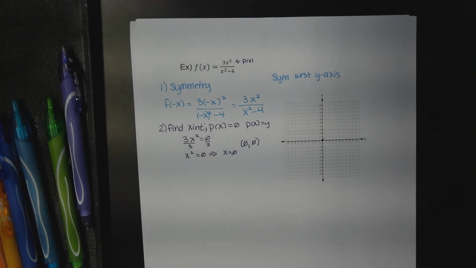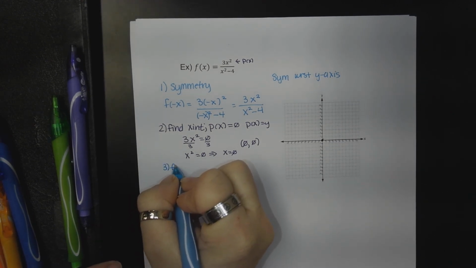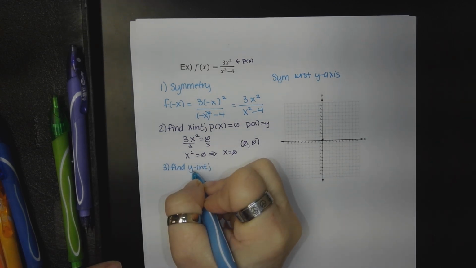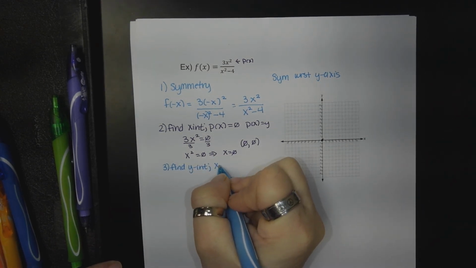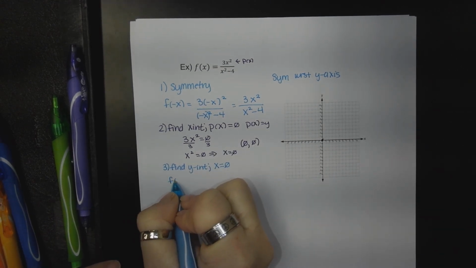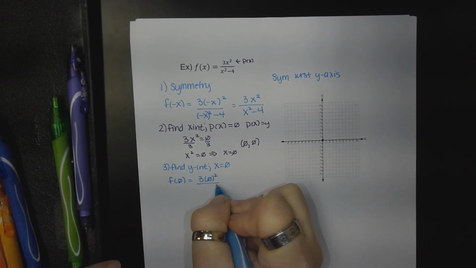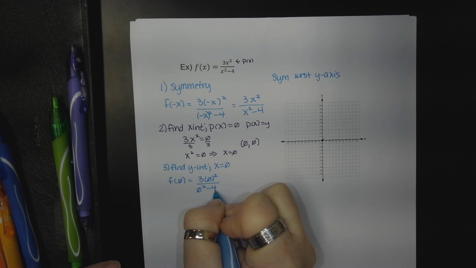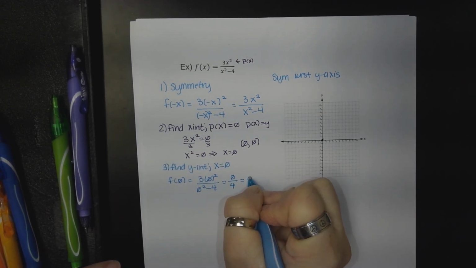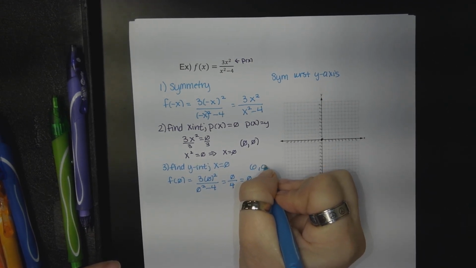Okay, now let's find the y-intercept. For the y-intercept, we always set the opposite variable equal to 0. We're going to say f of 0 equals 3 times 0 squared, we know what that is, over 0 squared minus 4. So that's going to be 0 over 4, which equals 0. So our y-intercept is 0, 0.